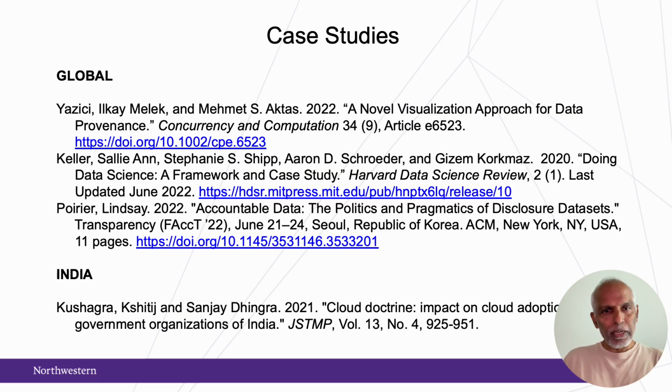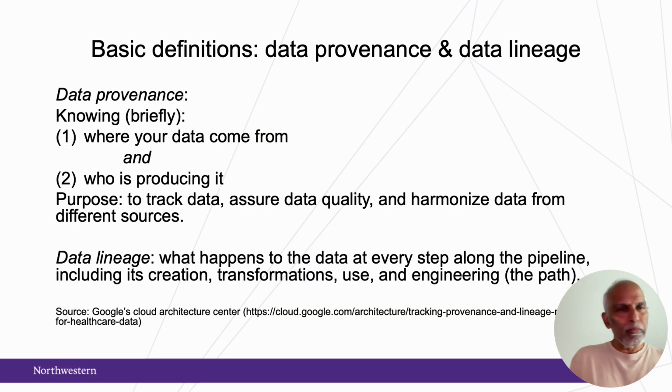So coming back to basic definitions, provenance means where the data are coming from and who is producing it, so that you can reach out to them and clarify and restructure the data collection process if you want to, redefine data elements and so on. So provenance is the ownership and the origin.